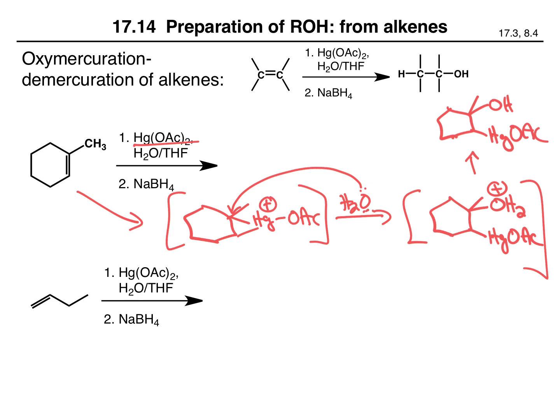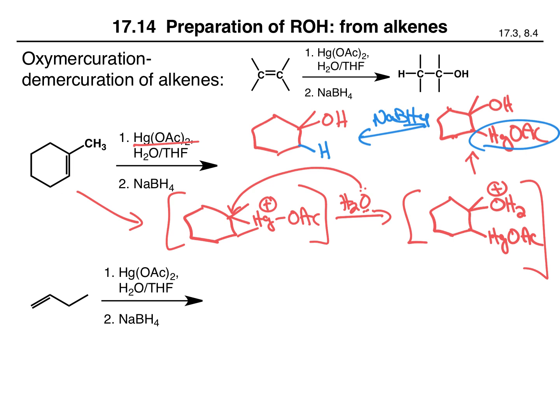And then with the second step, sodium borohydride, here a hydride replaces the mercury group, giving us this compound.